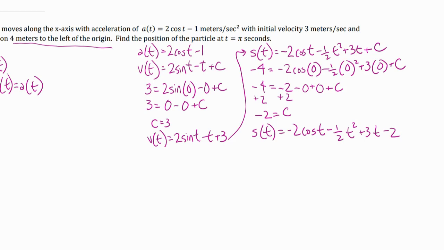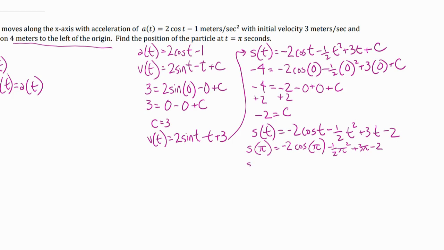And then we're finding the position at t equals pi. So it's negative 2 cosine of pi minus 1/2 pi squared plus 3 pi minus 2. I can't simplify much of this. So the only thing I can really do here is figure out what cosine of pi is and then maybe subtract 2 from that.